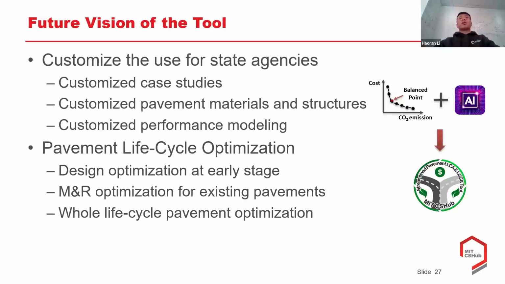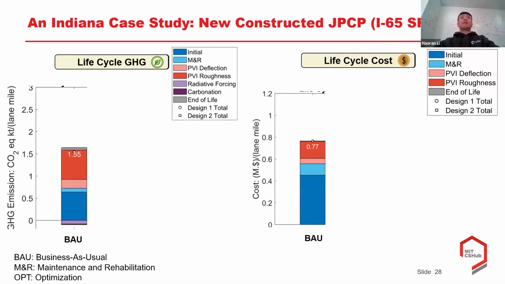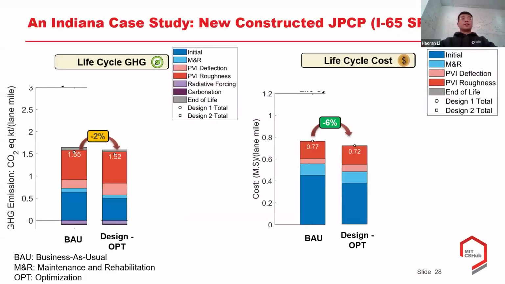including design and M&R. So here is a quick example we have run for Indiana, who are very interested in this optimization opportunity to reduce both their cost and the GHG emissions for their I-65. And you can see that when we have business-as-usual, we have about 1.55 and 0.77 for the GHG and cost.